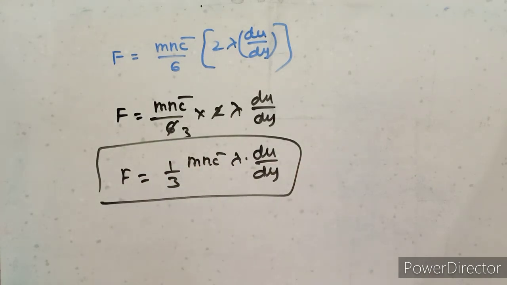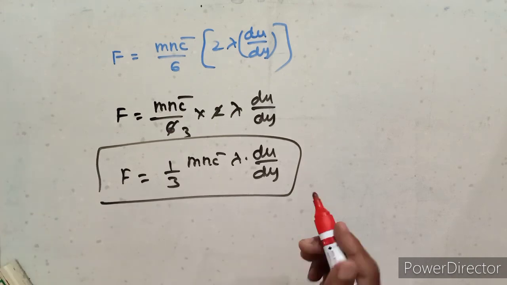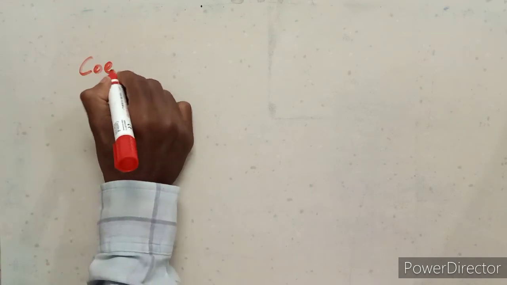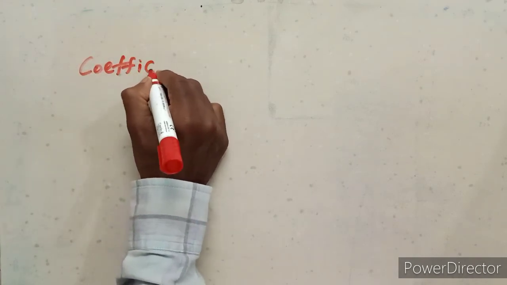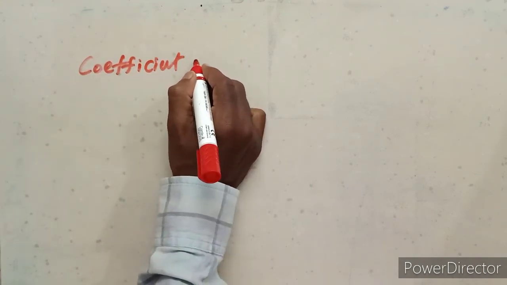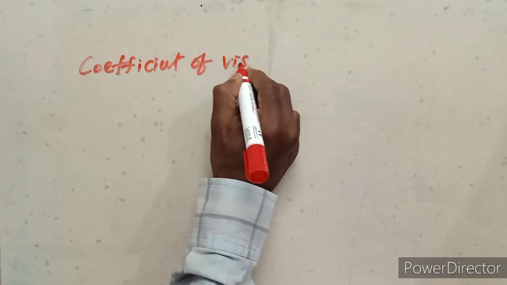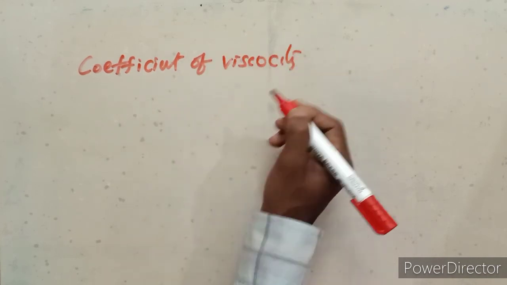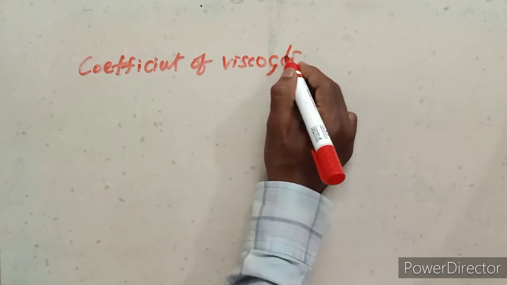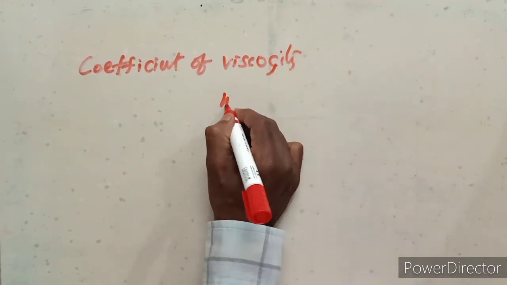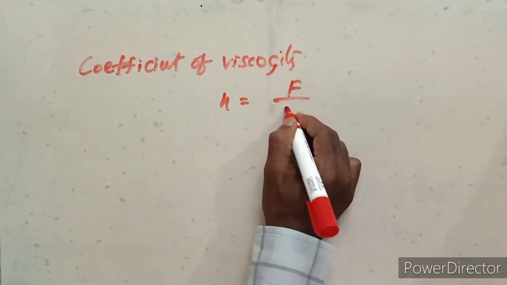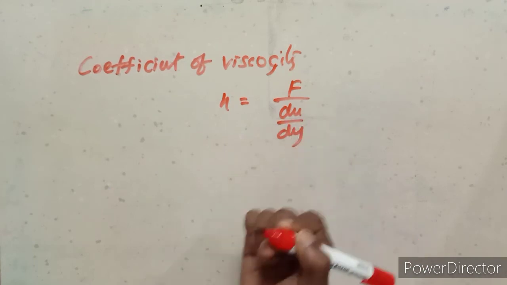Now we have to find the coefficient of viscosity. What is the coefficient of viscosity? Coefficient of viscosity eta equals F upon du upon dy.